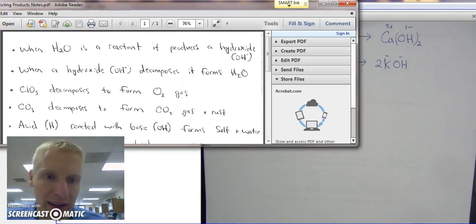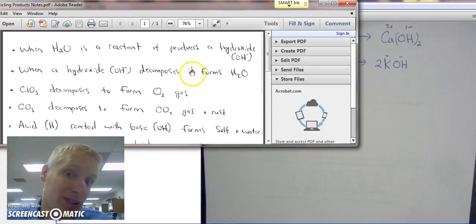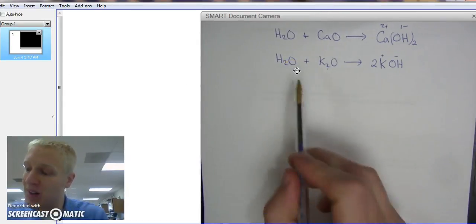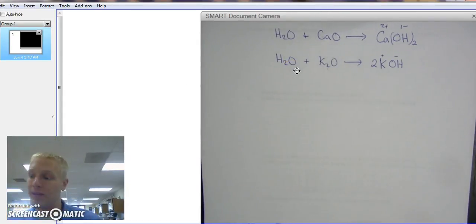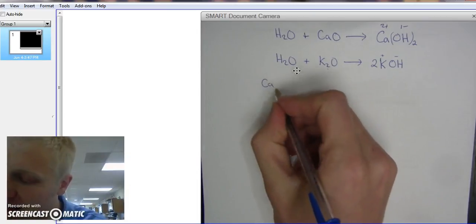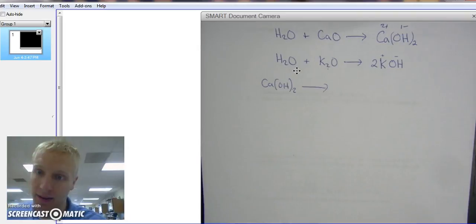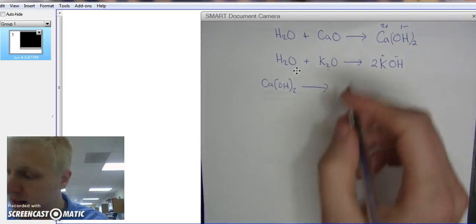Alright, moving on to another type. When a hydroxide decomposes, it forms H2O and an oxide. This is virtually the same thing as these two equations, only flipped. So if we had Ca(OH)2, only 1 reactant, and we're going to have more than 1 product, therefore it's decomposition.